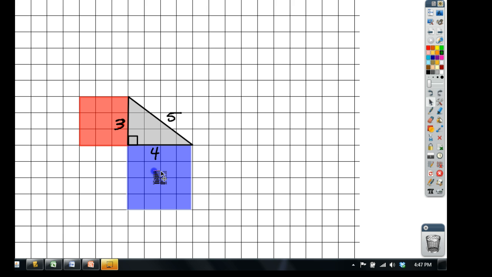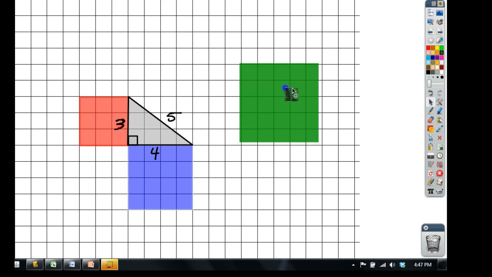The Pythagorean theorem says that if I take a 5 by 5 square like this, I have to make it a little bit bigger here, a 5 by 5 square, 1, 2, 3, 4, 5, the side of this will be equal to this length here. Now let's see. This is 1, 2, 3, 4, 5, 6, 7, 8, 9. And this is 1, 2, 3, 4. This will be 16. Well, 9 plus 16 is 25. And this is a 25 square.